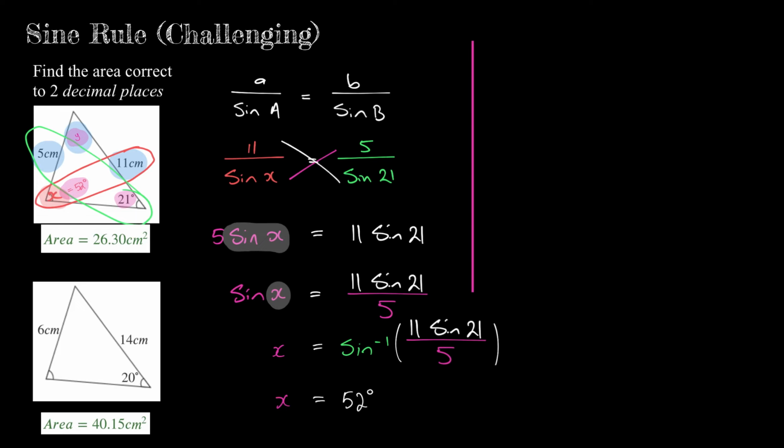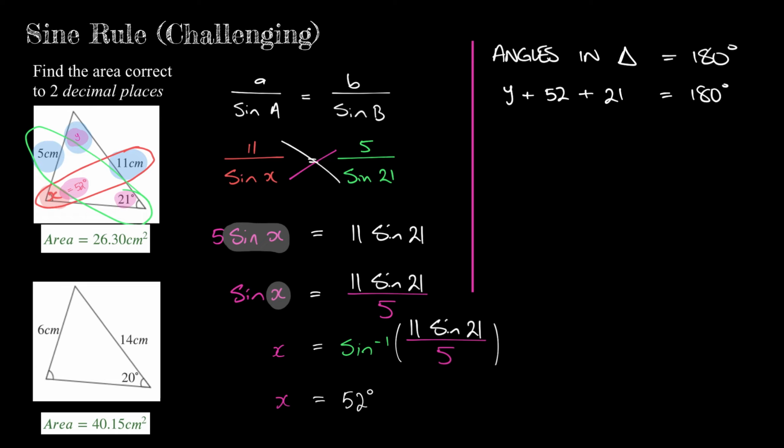So angles in a triangle sum to 180. So y plus 52 plus 21 equals 180 degrees. So 52 plus 21 gives you 73.